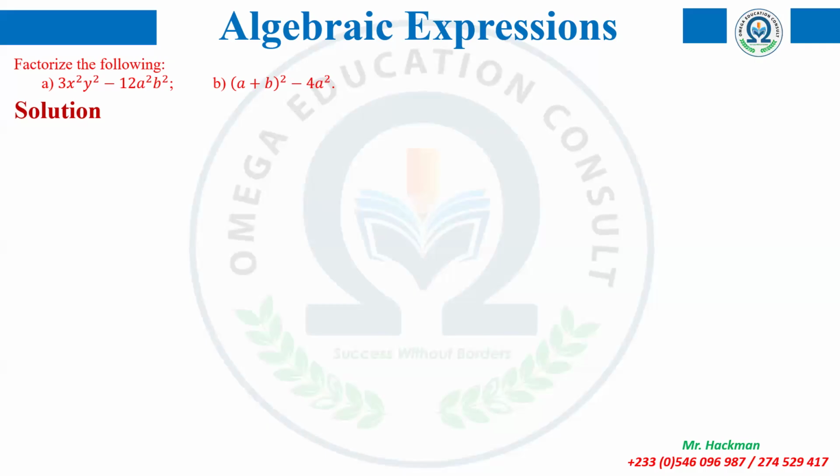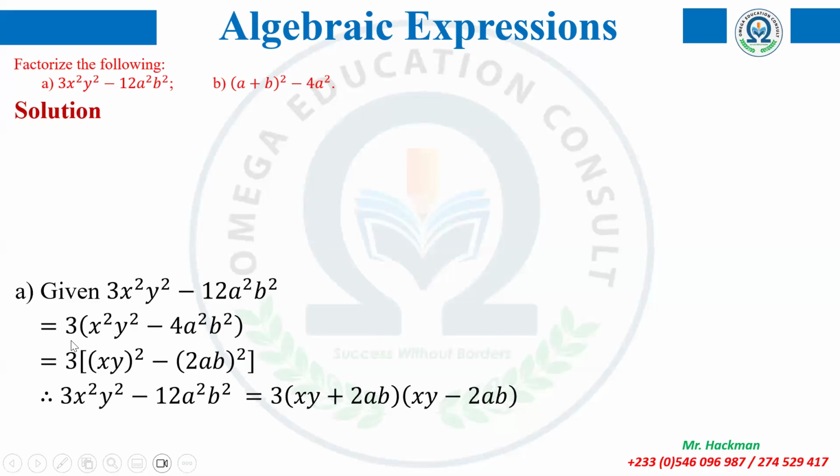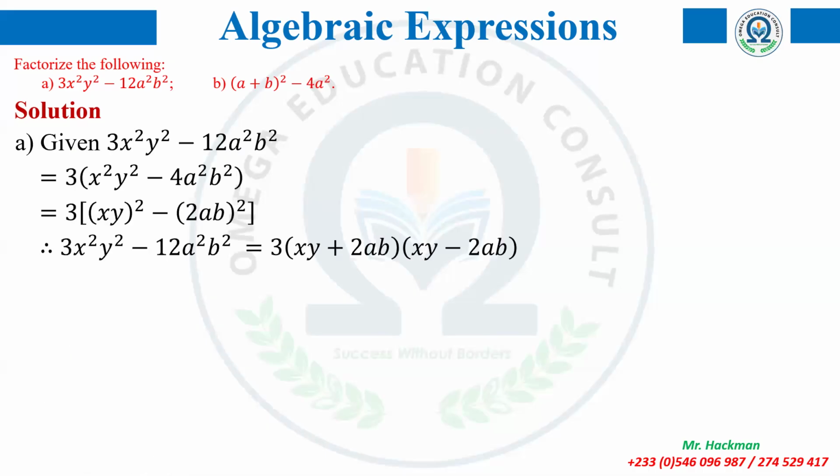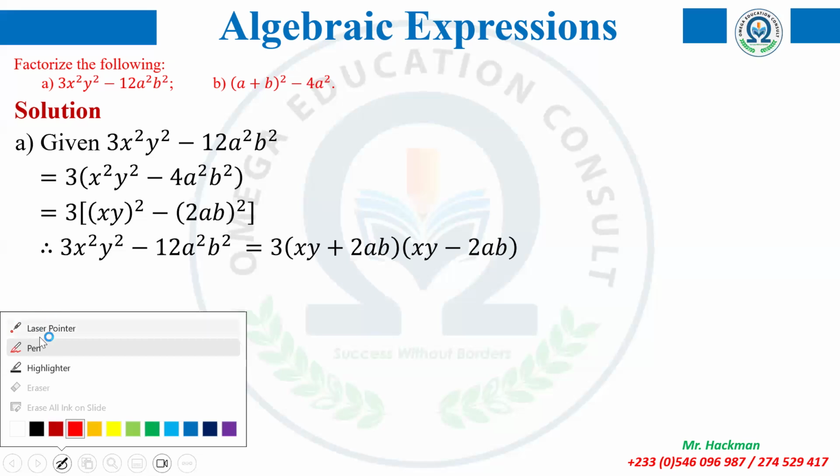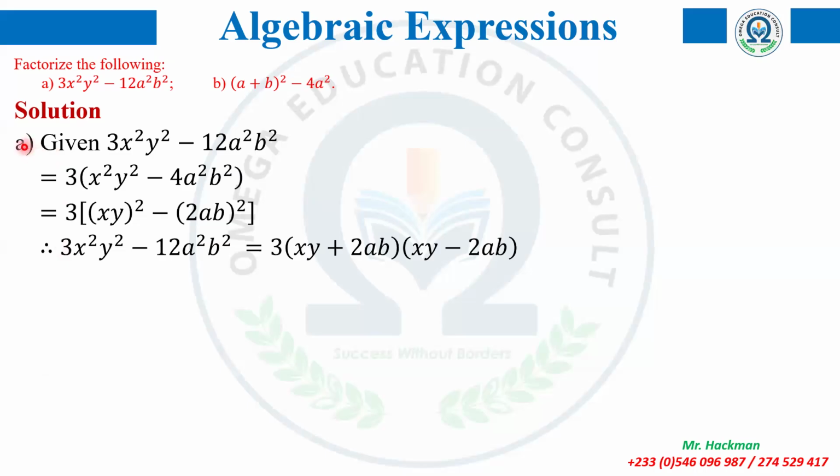Now let's look at the solution to the first question, which is A. After writing solution, the next thing you write is your question number. Questions are numbered because we want you equally to number your solution. Don't forget. So you write A, then you extract the expression that you are asked to factorize.